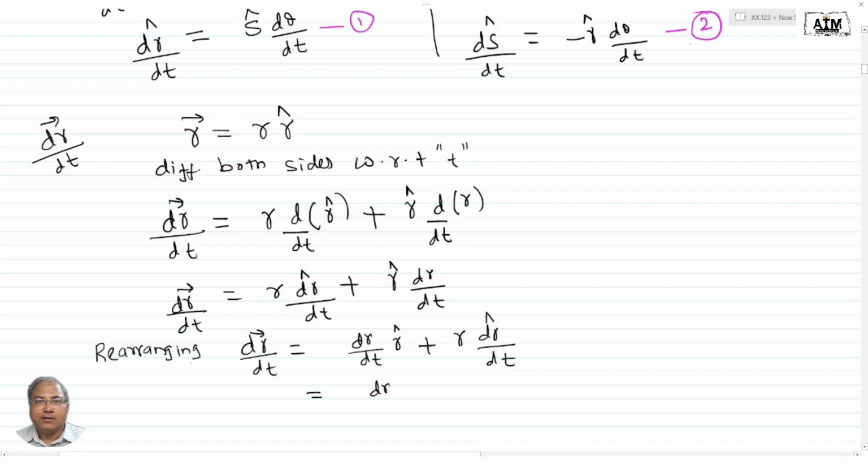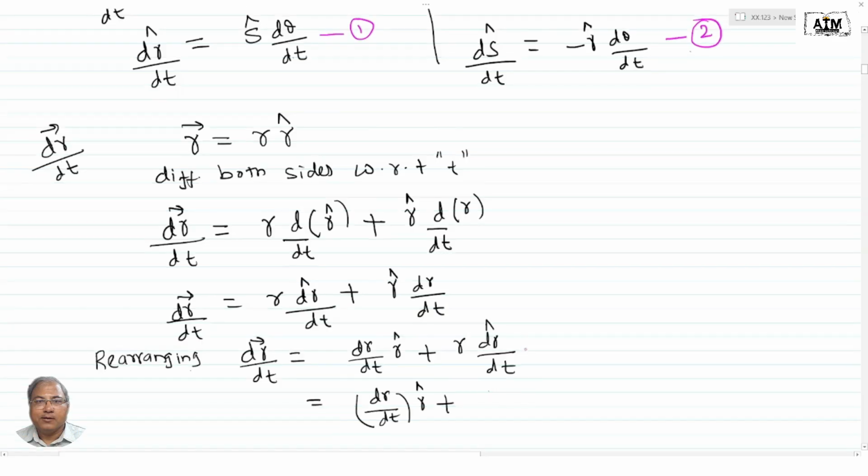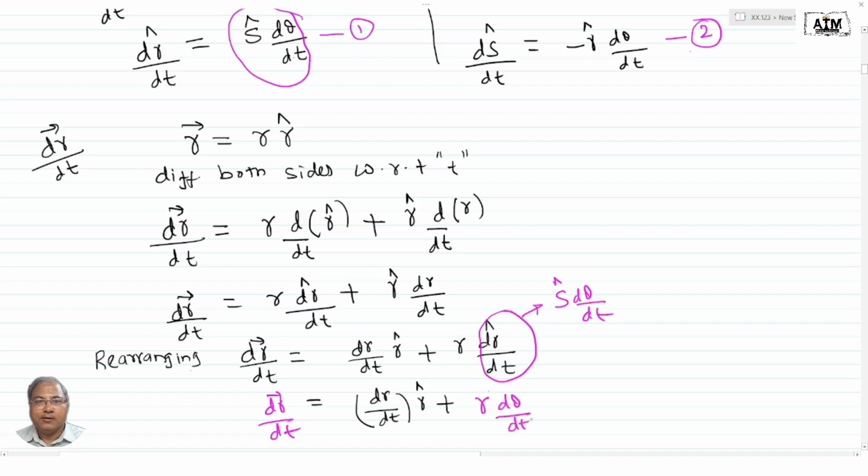So dr by dt writing as it is, r cap also writing as it is, and in place of dr cap by dt we can write s cap d theta by dt. Therefore dr by dt equals dr by dt r cap plus r d theta by dt, and writing s cap outside.